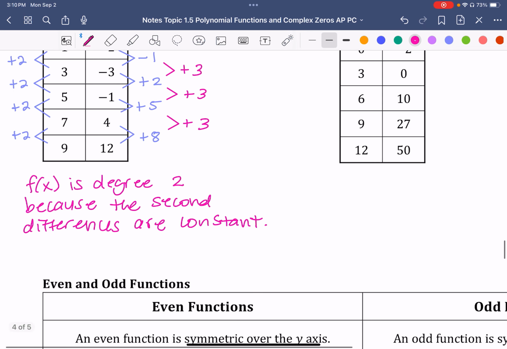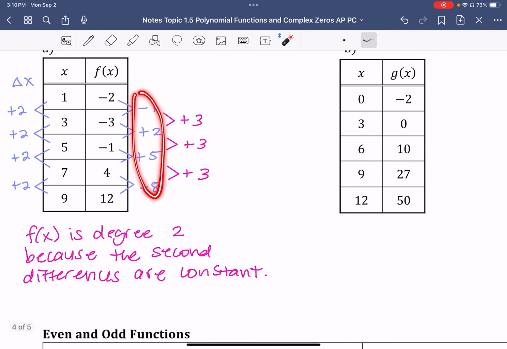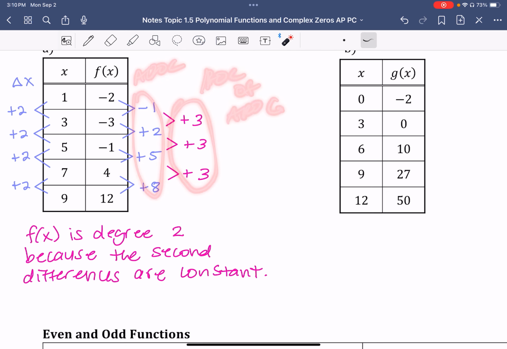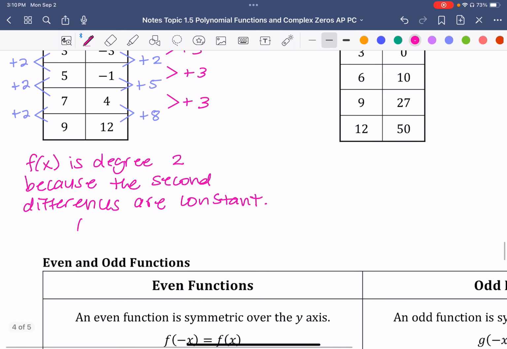Remember that back then I had you guys circle this, and this was your average rate of change, and then this was your rate of change of your average rate of change. And if your rate of change of your average rate of change was constant, then that means that the table was quadratic. So this is another way of determining that the table is quadratic.